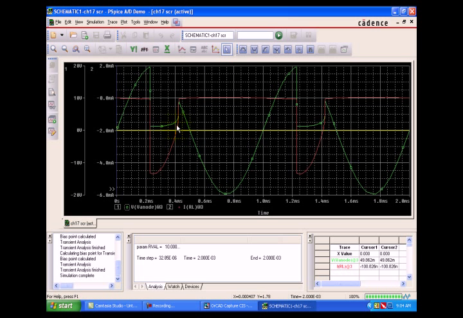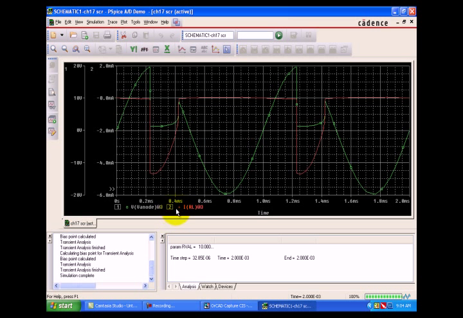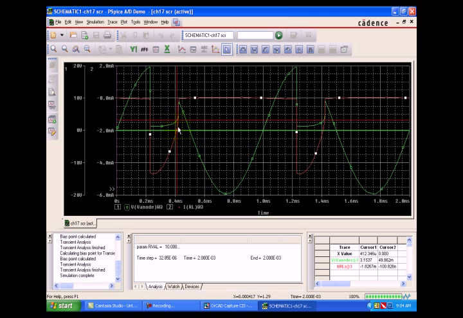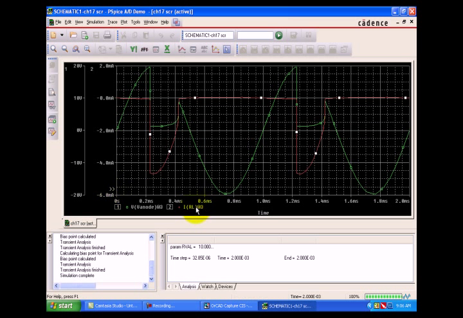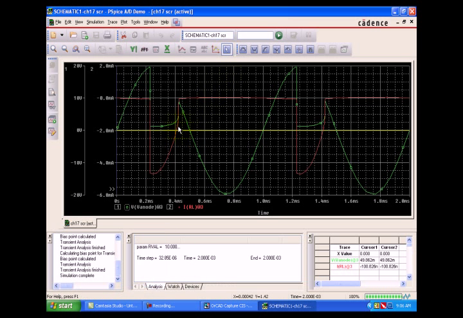Find the value, keep on tracking. That's nearly almost 1 milliampere.